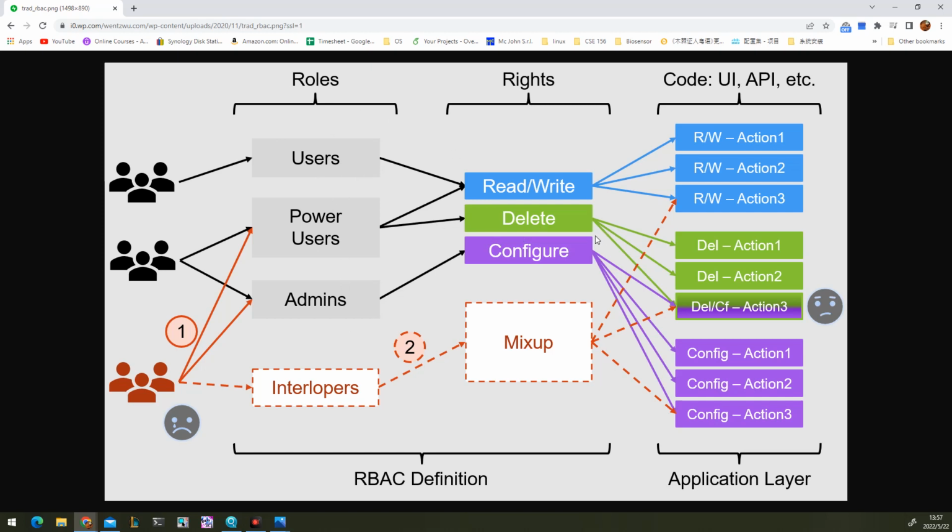These are roles, and then they can execute different rights on the application, or documents or files.